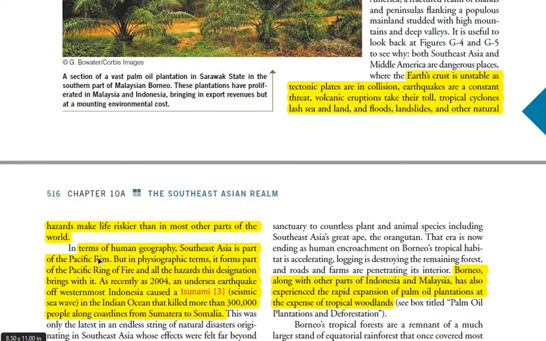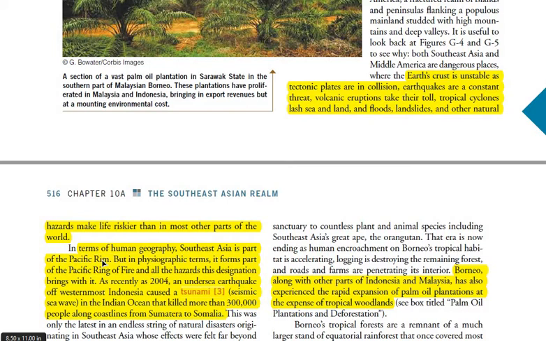This is the realm which is located on the Pacific Rim. The Pacific Rim is a circular structure around the Pacific Ocean, which has its own significant features and characteristics. So the Pacific Rim is a term of human geography, that is, division according to countries and location.